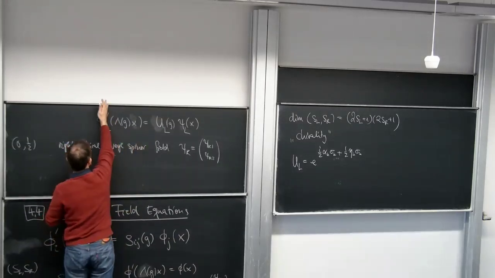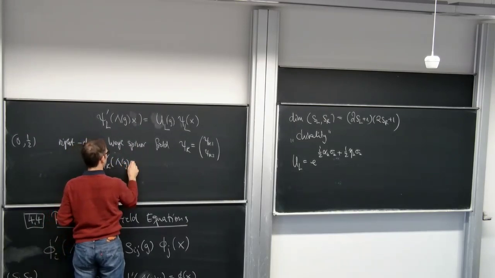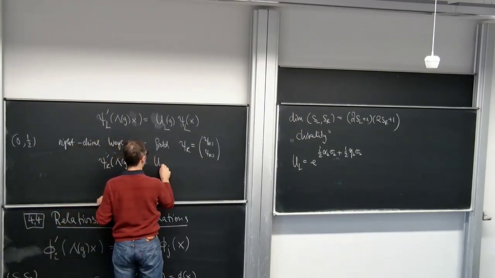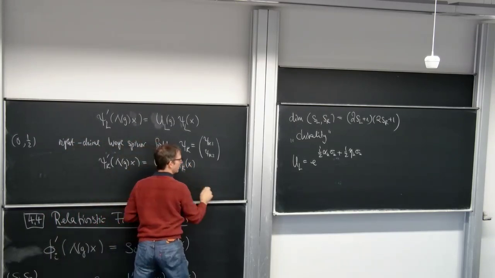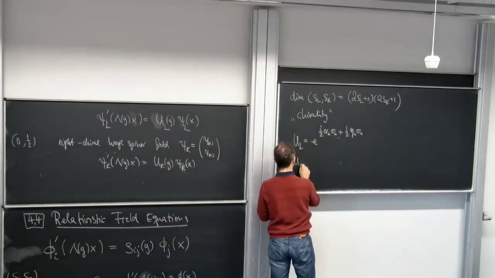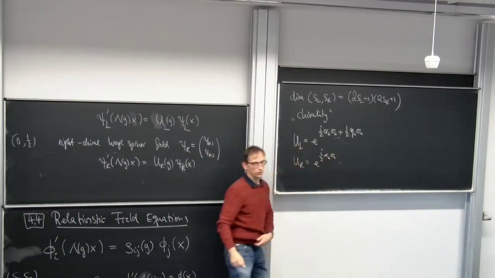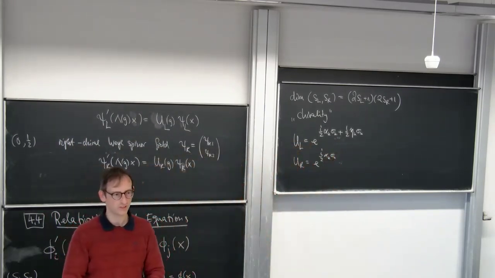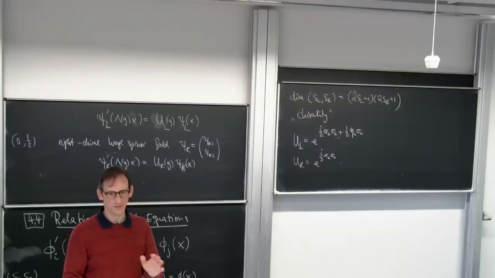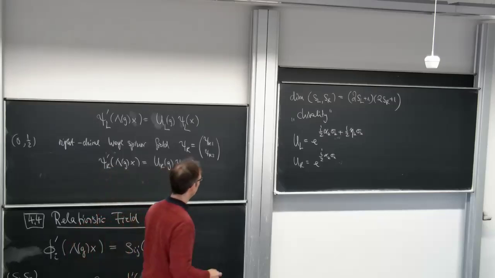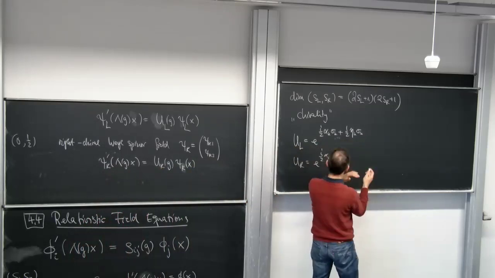But we get psi R transforming under G x equals U R psi R, and it differs by this sign. So U R is e to the i 1/2 alpha k sigma k. So if you perform a rotation on a left or right handed, left or right chiral Weyl spinor, it does the same. It rotates in the same way. But if you boost it, then one turns this way and the other the other way.